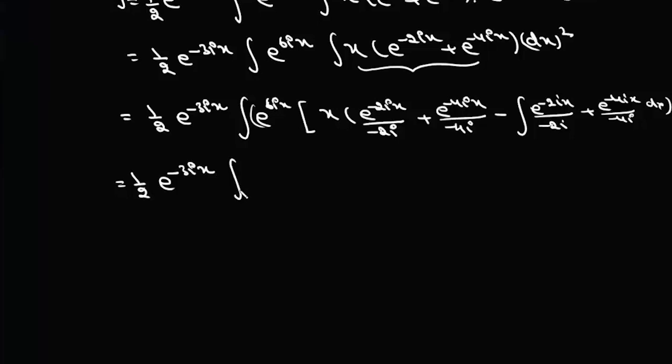Now this is 1 by 2 e to the power minus 3 iota x, and then this integral e to the power 6 iota x.